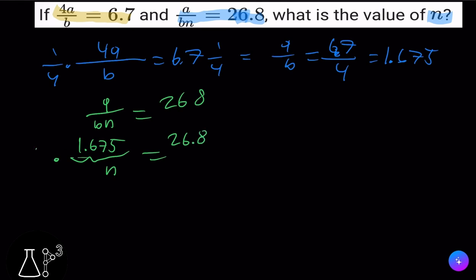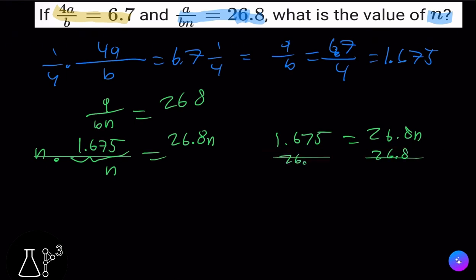If I multiply n on both sides, n's cancel out over here, and then I'm left with 1.675, which equals 26.8n. And if I divide both sides by 26.8, I'm left with n on the right side. So n equals 1.675 divided by 26.8, and now I find my value of n by dividing on a calculator, because honestly you really can't do this mentally because there's a lot of decimals.